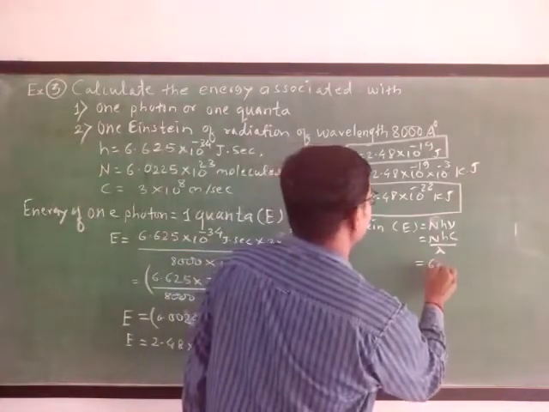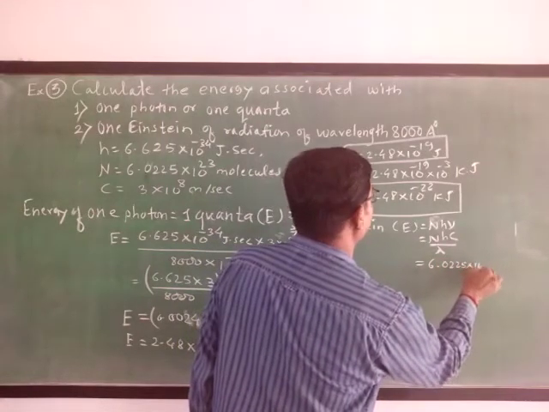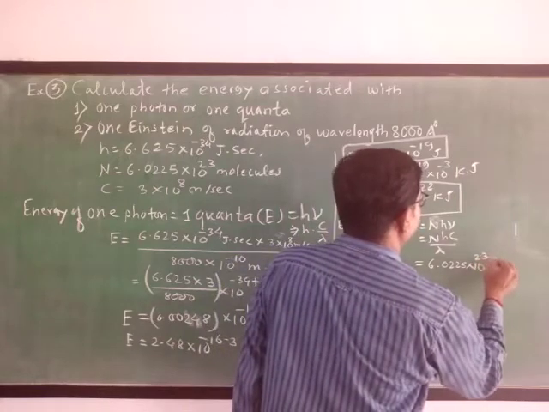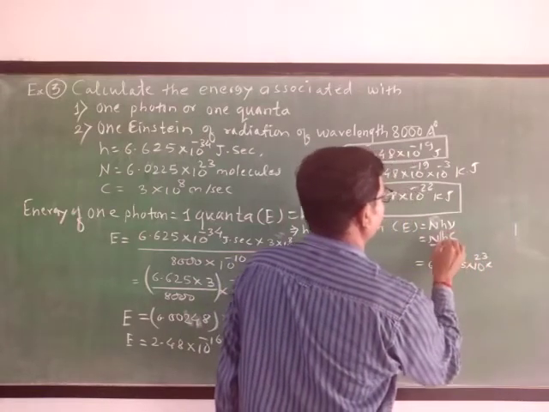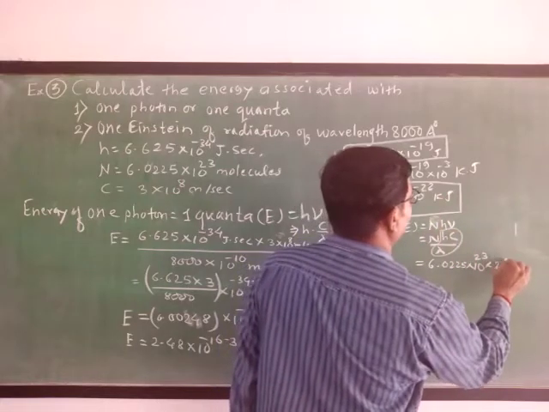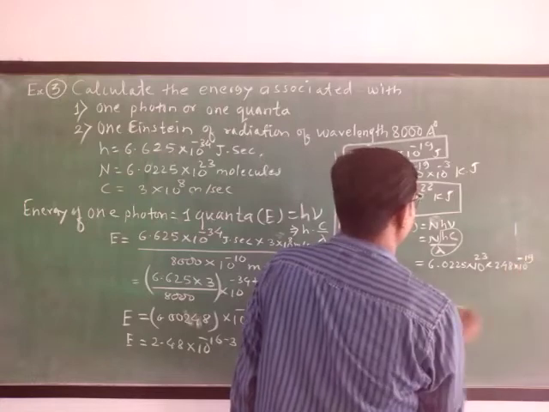That's why 6.0225 into 10 raised to power 23 multiplied by this value. You calculate it first, it will be 2.48 into 10 raised to power minus 19.